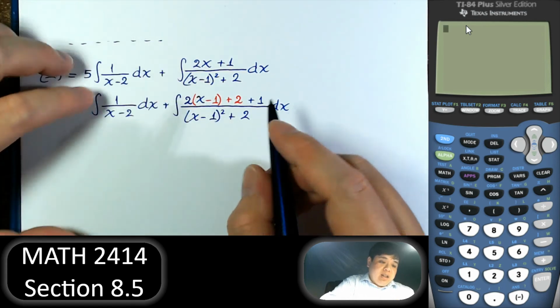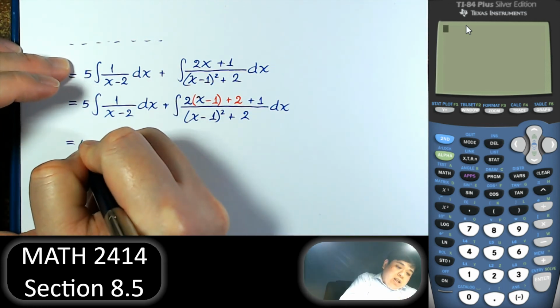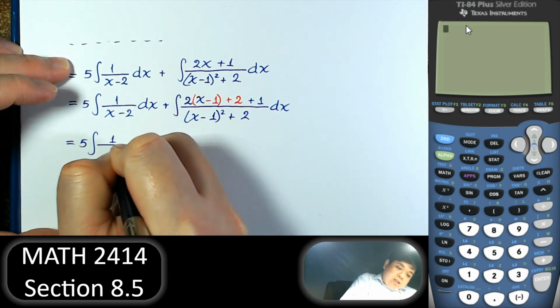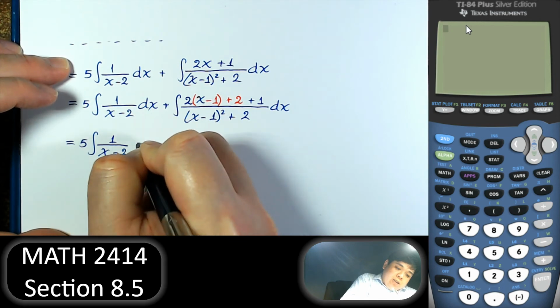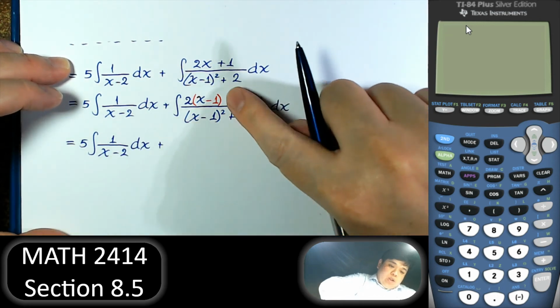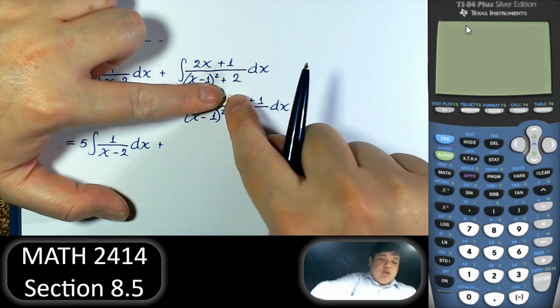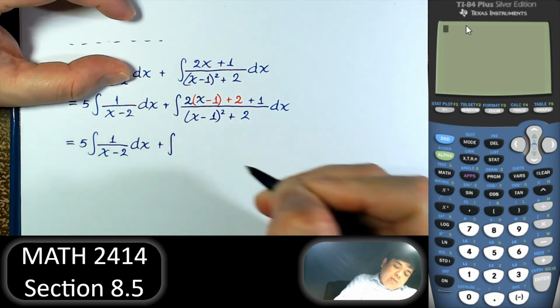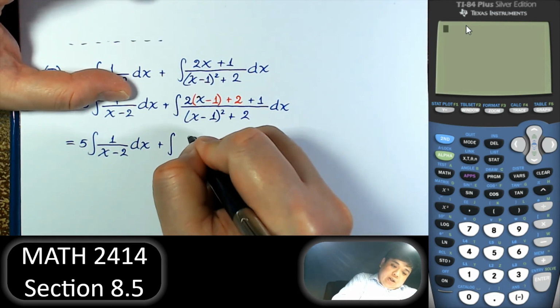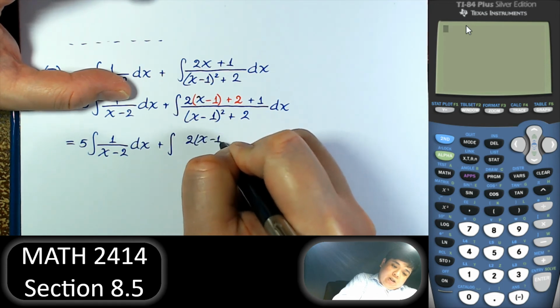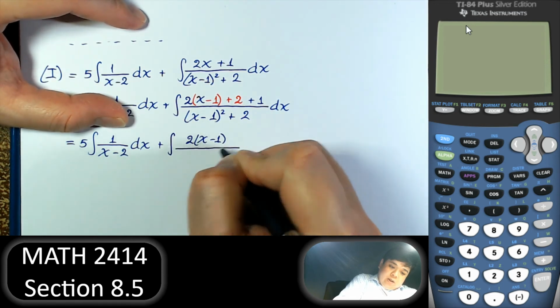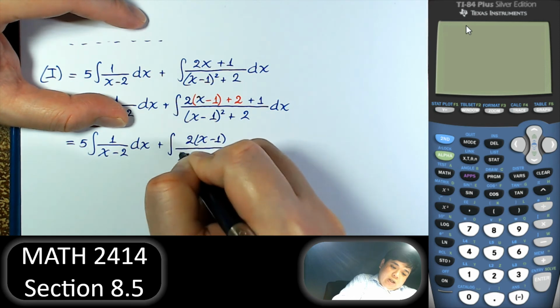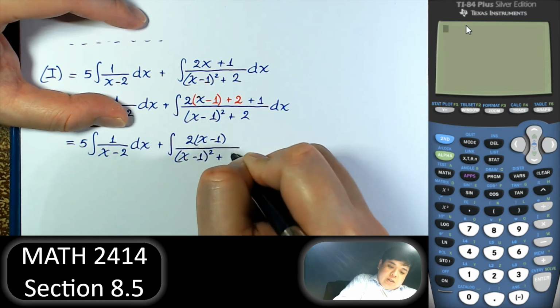Give it back to that. Now where we split is, we split that, and then we have 2 plus 1, which is 3. So we have 2x minus 1 over x minus 1 squared plus 2.